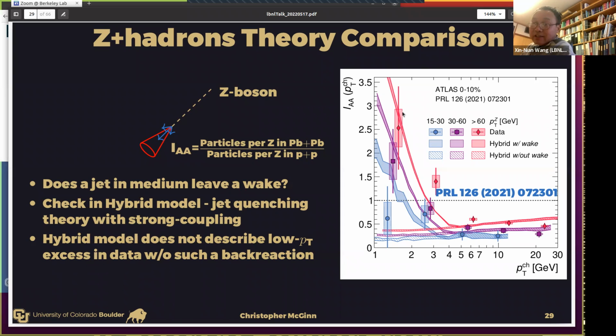So when calculated without the wake, it does not even have soft gluons from the jet. So the lesson is that even for this enhancement at low PT, part of it comes from the induced gluon radiation, and part of it is what we call truly jet-induced medium response.